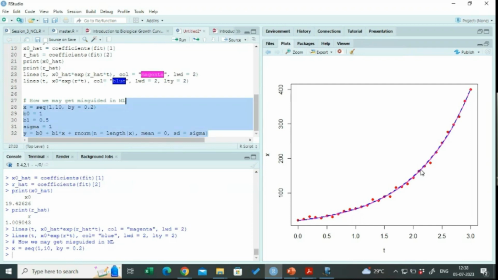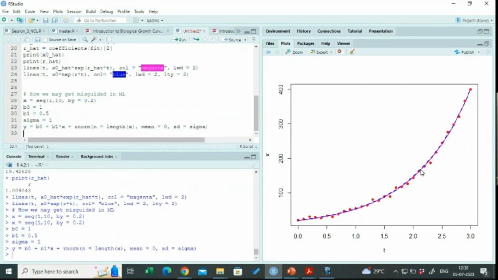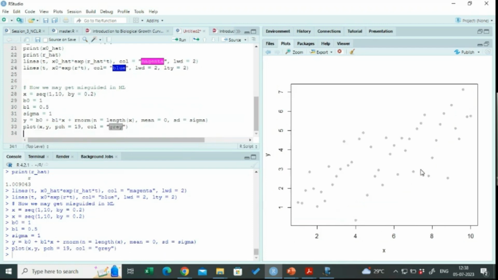Let us first see what I have done by doing this. If we plot x comma y, pch equal to 19, col equal to say gray color. So this is the graph.